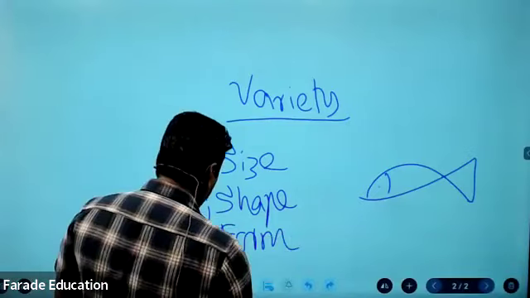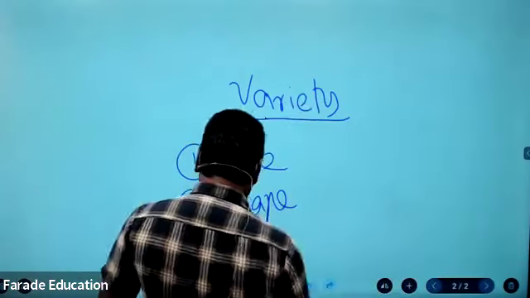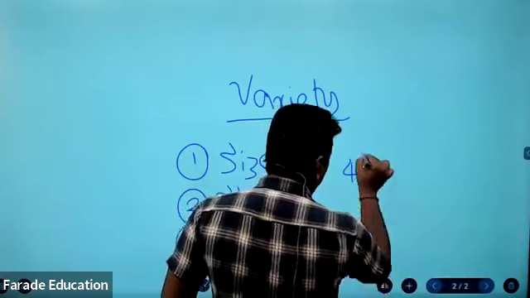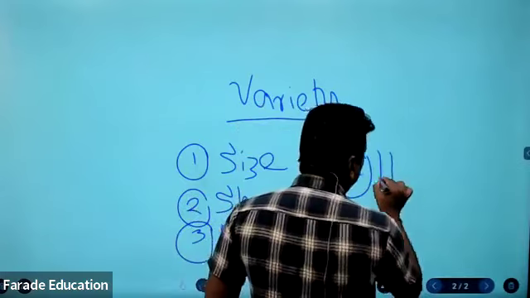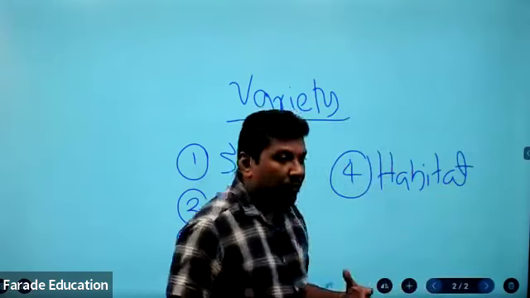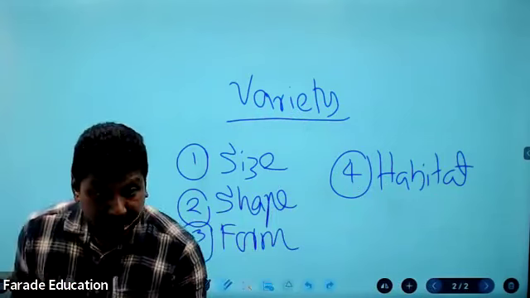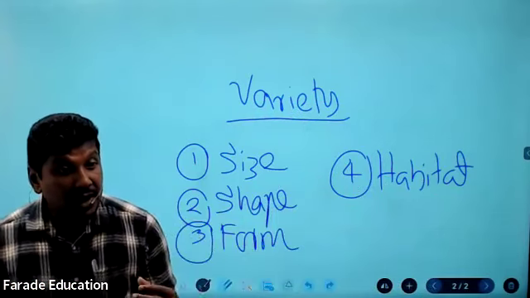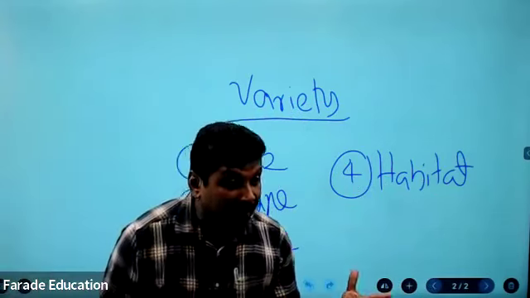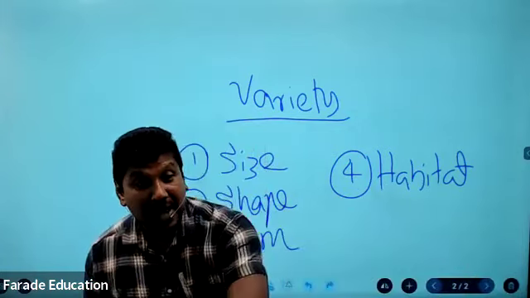And number 4 is their habitat. Habitat means where do they live? Some live on land, terrestrial. Some live in water, aquatic, either fresh water or sea water, marine water.